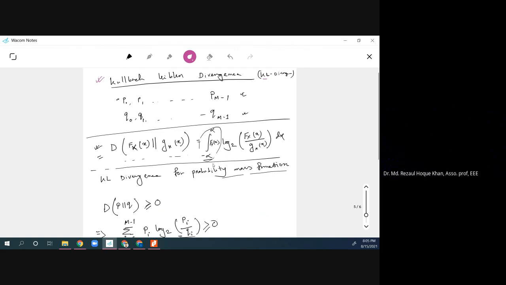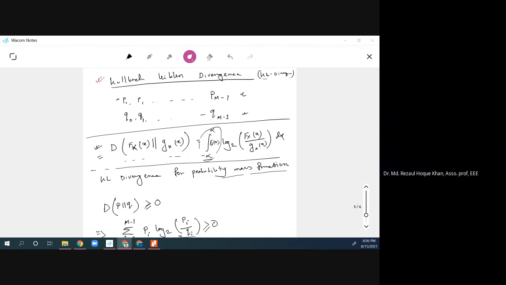What does it actually say? It's a mathematical operation that gives us a comparison between two different distributions, one relative to another.